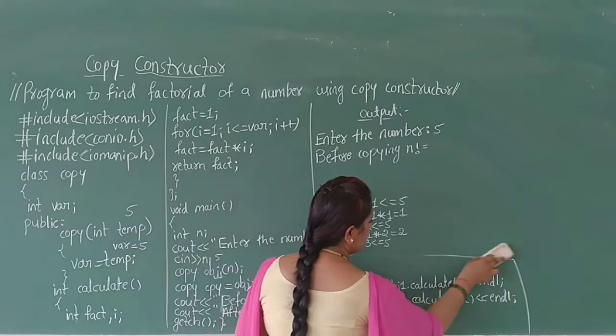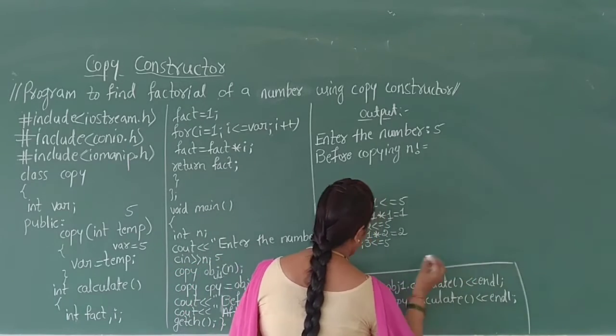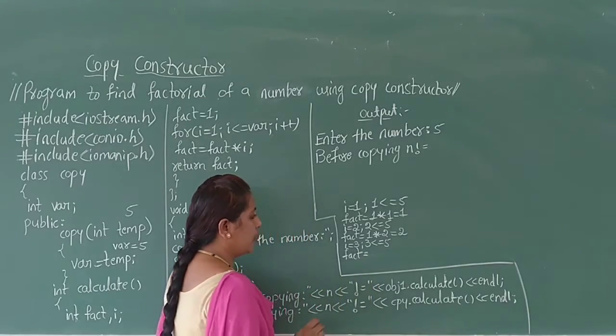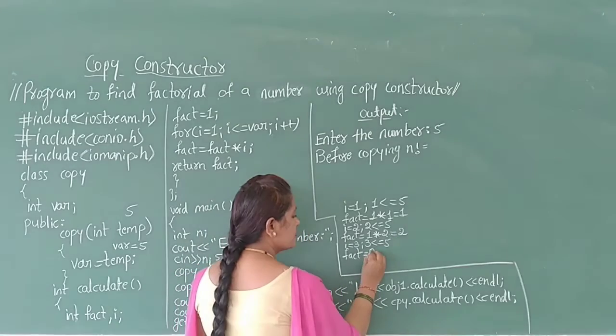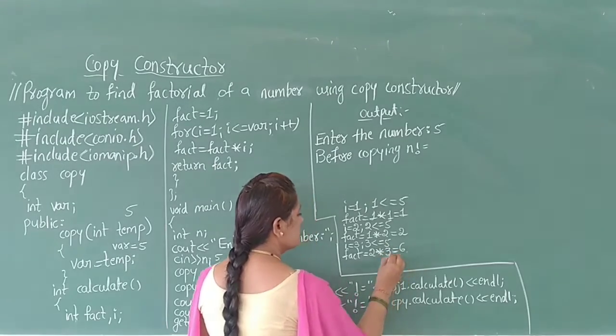Again, it calculates the fact value. Fact is equal to fact into I. The previous fact value is 2 into I value is 3. 2 into 3, 6.